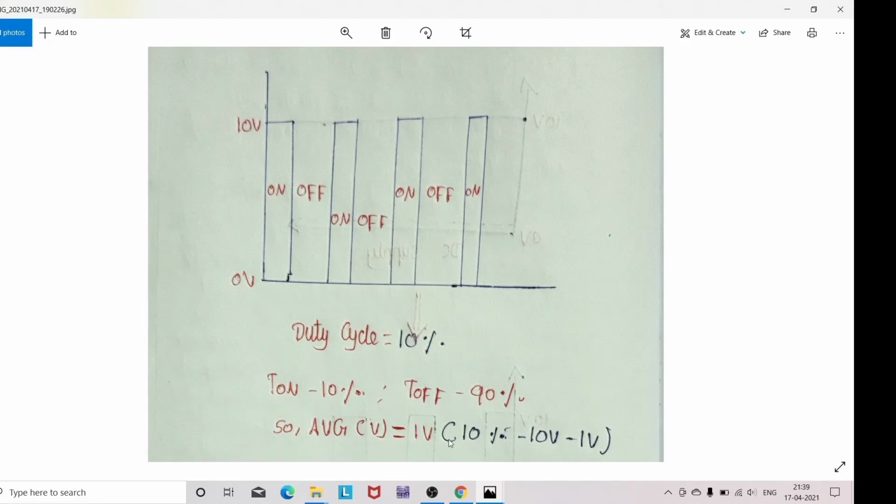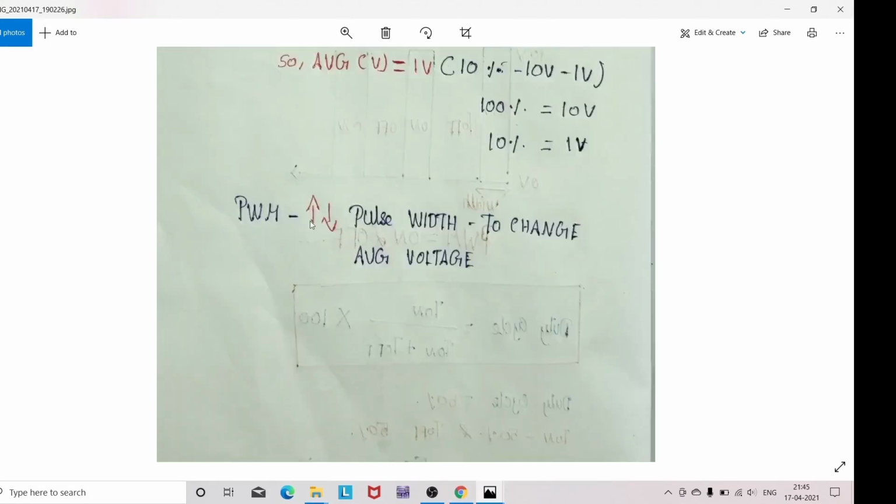So this 10 percent is the duty cycle. 10 volt equals 100 percent. 10 percent equals 1 volt. So the average value equals 1 volt.